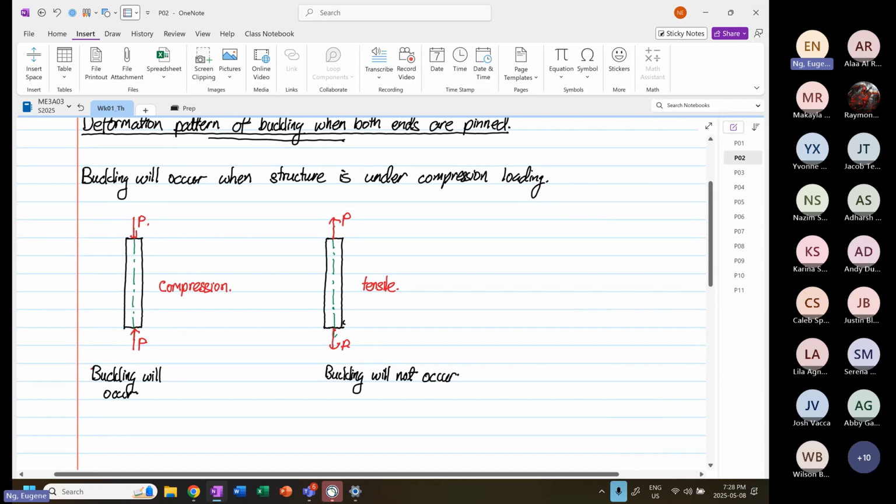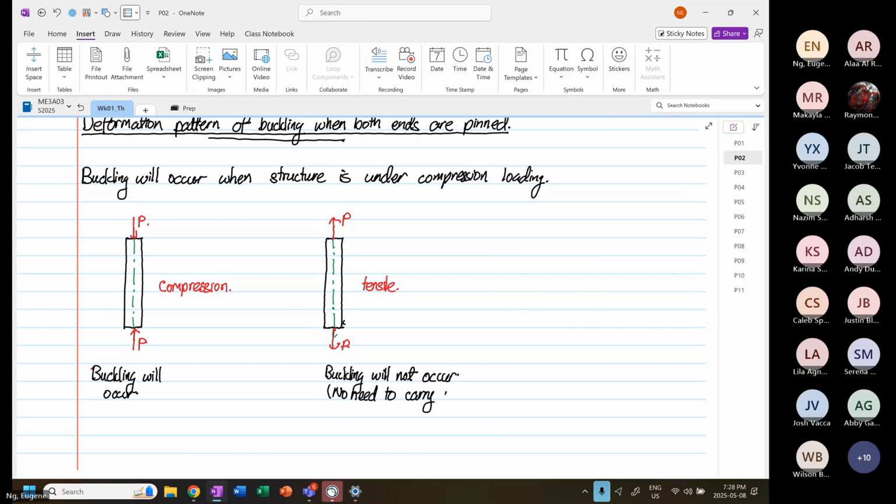So when you have a structure under tensile loading, you do not need to carry out buckling analysis. You don't need to deal with buckling at all if you see tensile.